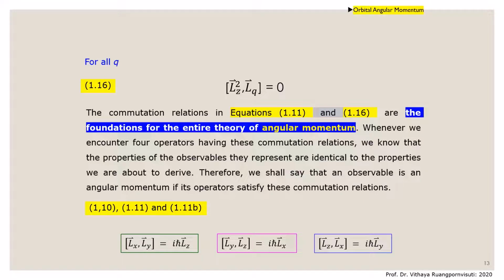Whenever we encounter four operators having these commutation relations, we know that the properties of the observables they represent are identical to the properties we are about to derive. Therefore, we shall say that an observable is an angular momentum if its operator satisfies these commutation relations.